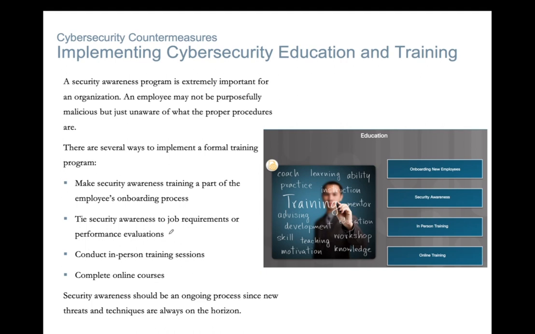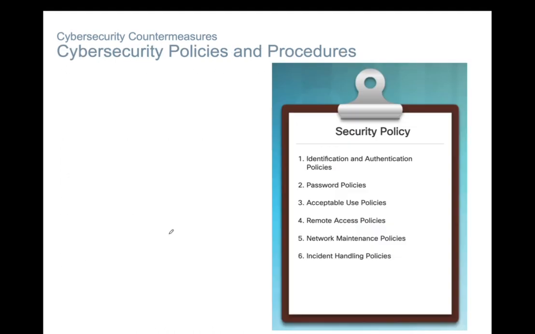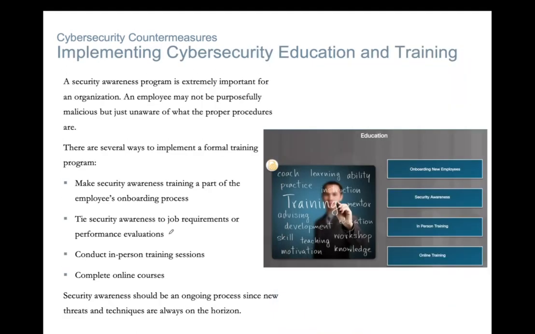How? The members of an organization must be aware of security policies and have the knowledge to make security part of their day-to-day activities. An active security awareness program depends on the organization's environment and the level of threat.